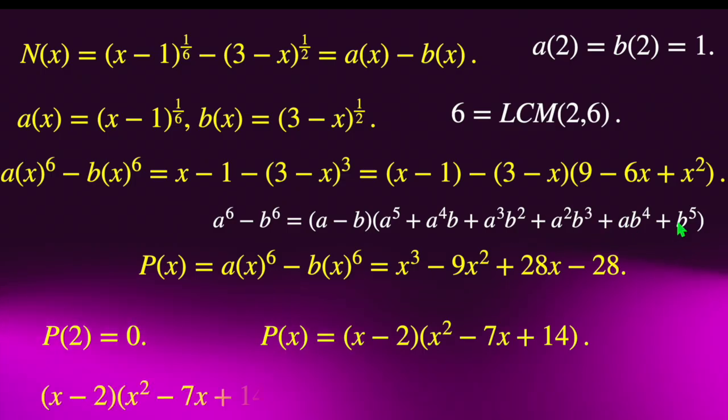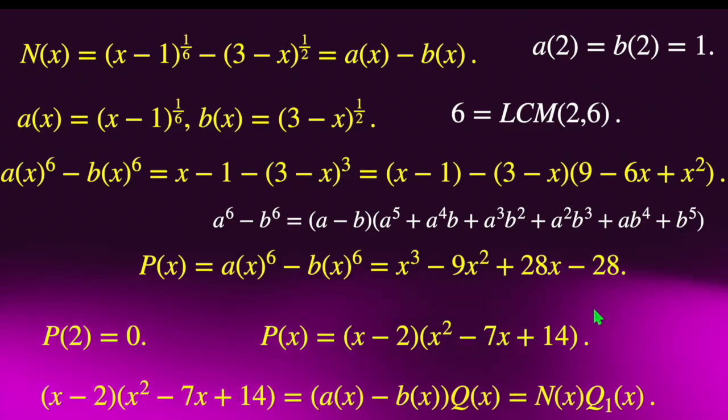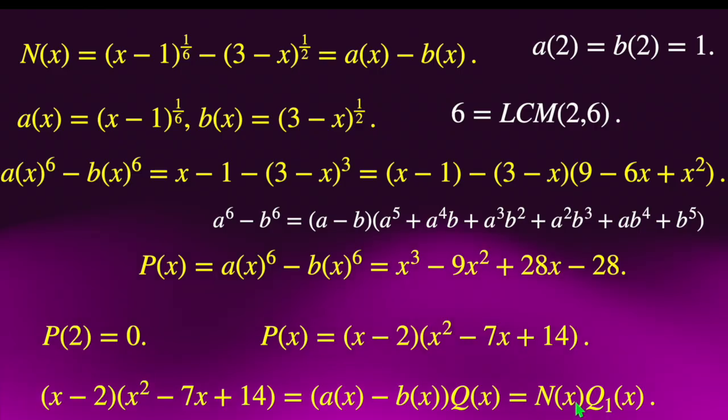So we get now that this quantity is equal to a(x) minus b(x) times q1(x), which is a polynomial.